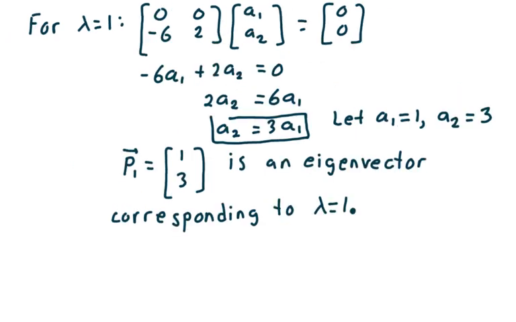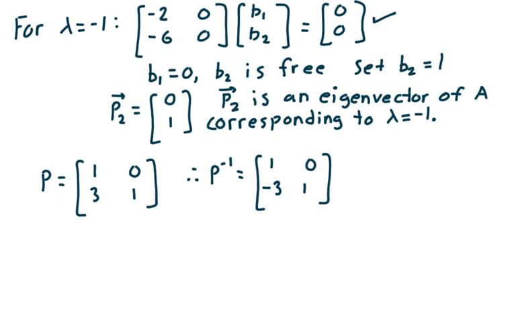Now, notice we got an eigenvector of A. P1 is an eigenvector of A corresponding to lambda equal 1. And then we got P2 as an eigenvector of A corresponding to lambda equal negative 1. And so what I'm going to do is form the matrix P whose columns are those eigenvectors that I found.